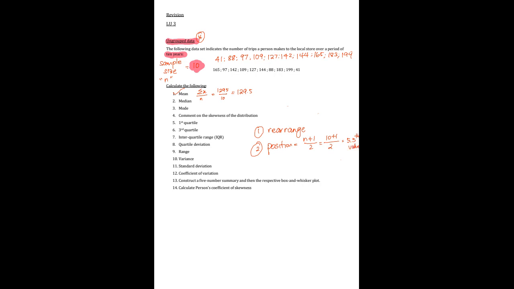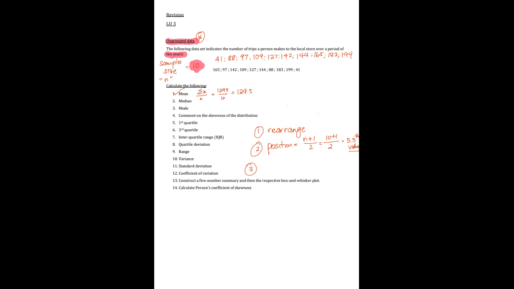So we do need to do a bit more work after we now know what the position of the median is. So to get to the actual median, we are going to look at the position. It said to us it's the 5.5th value in the data set. This means we're going to take the fifth value, and I'm just going to do it here to show you what I mean.